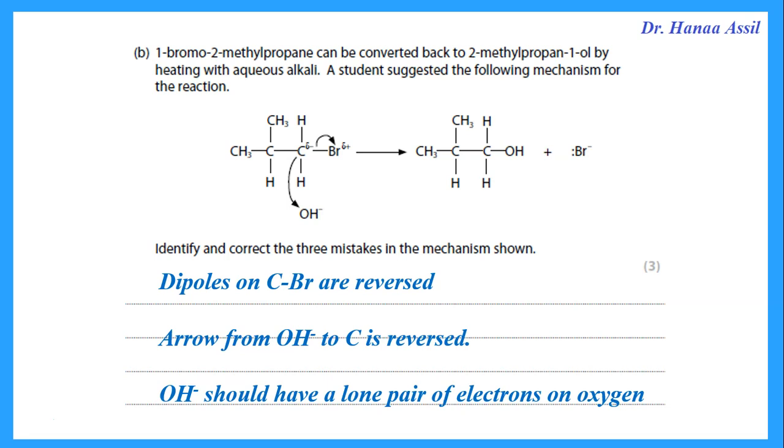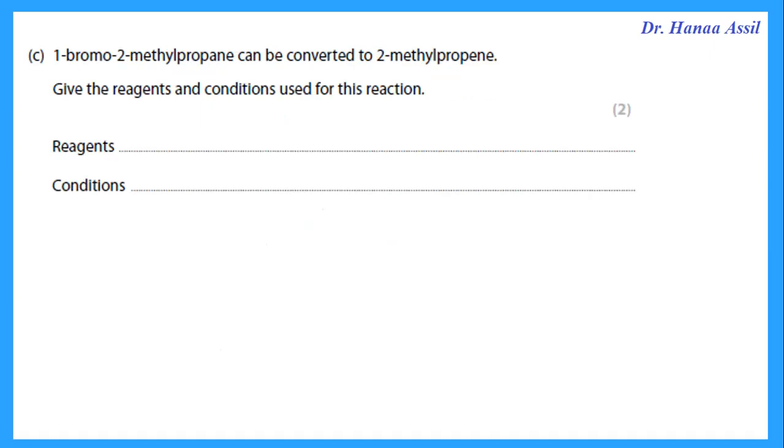Then the student has an arrow going from the slightly positive carbon to the OH. That's wrong. It should go the other way around. We said lone pair of electrons on the hydroxide should first of all be written, and the arrow goes from the lone pair of electrons on the hydroxide to the slightly positive carbon.